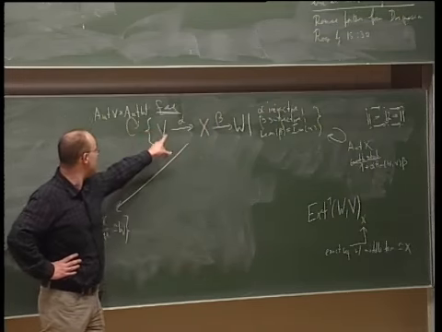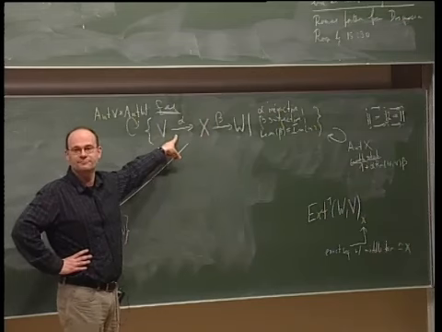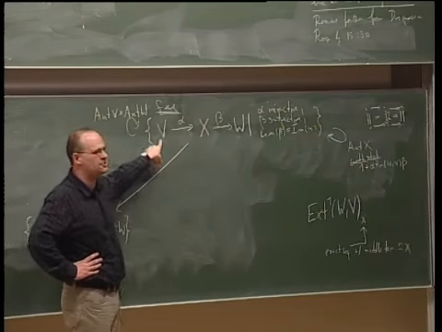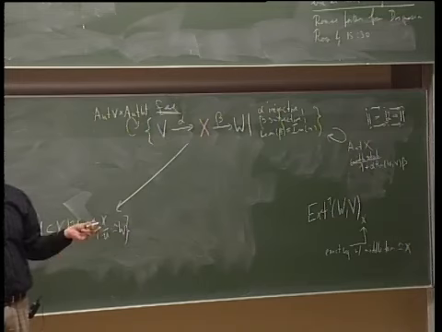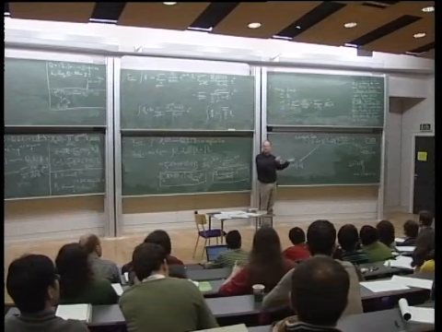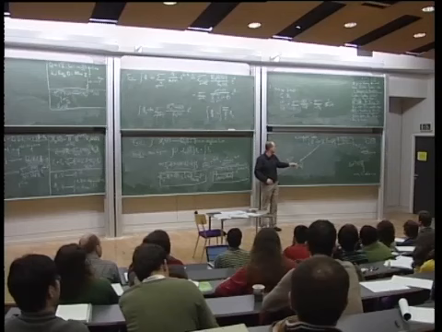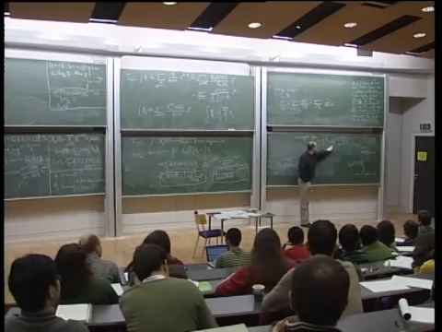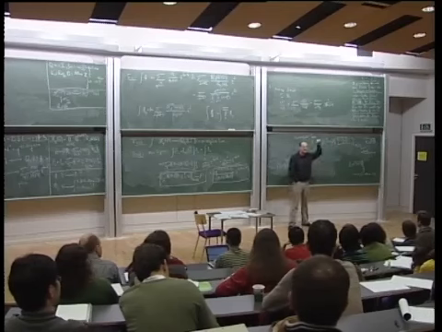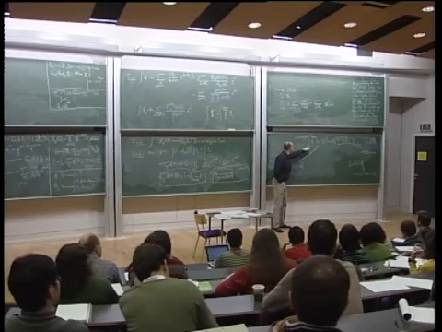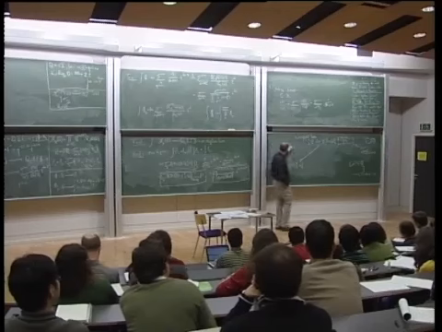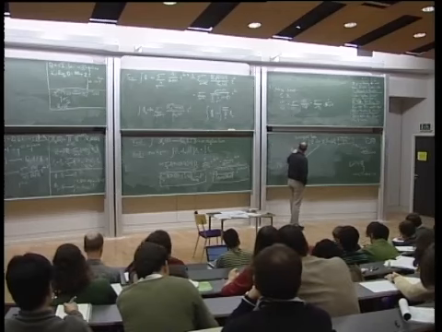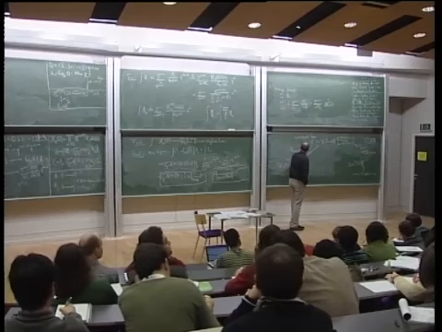It doesn't remember the actual map alpha, because you're multiplying this map alpha by some automorphism of V. The only thing it remembers from alpha is the image of alpha. Yeah? The only thing an injective map remembers if you apply automorphisms is the image. And also here, the only thing that is remembered from beta is the quotient. So if you take the quotient by this free action, you arrive precisely at this set. So this is a quotient by Aut V cross Aut W.